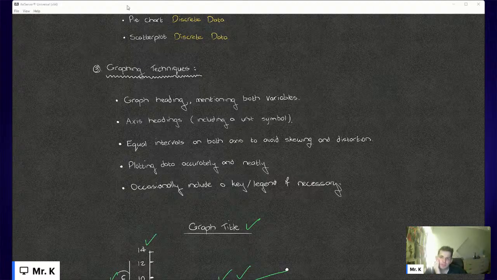You need to know the unique characteristics and requirements for each of these graphs. And this is something you guys should have discussed quite extensively in class. But I hope that today has maybe given you a little bit more information or maybe helped you to understand some small detail a little bit better.